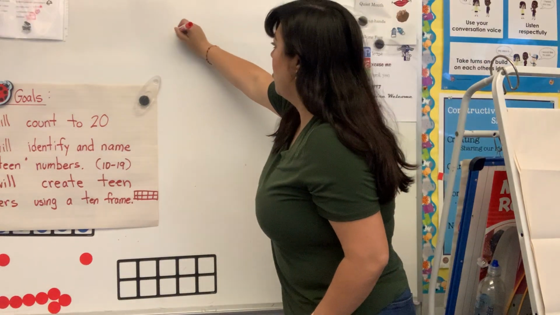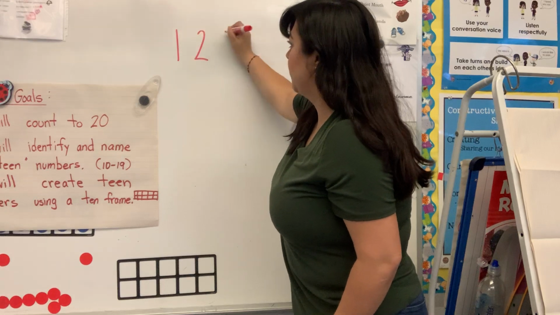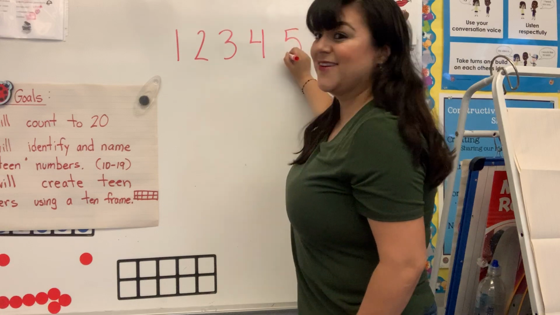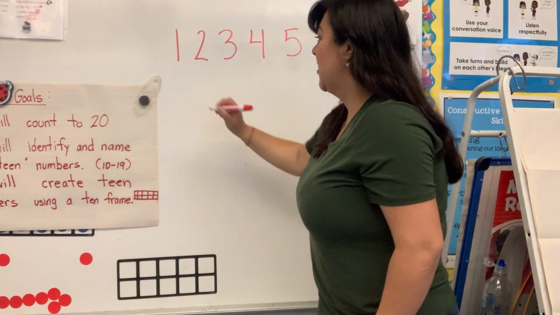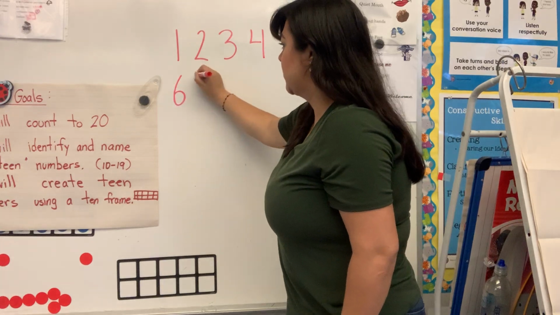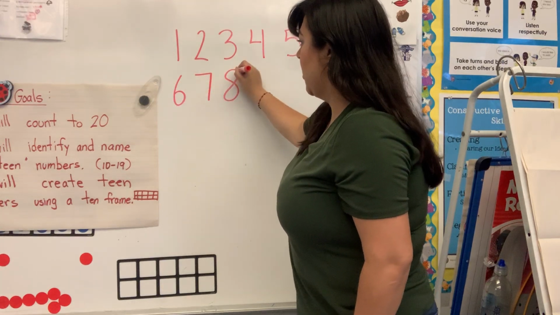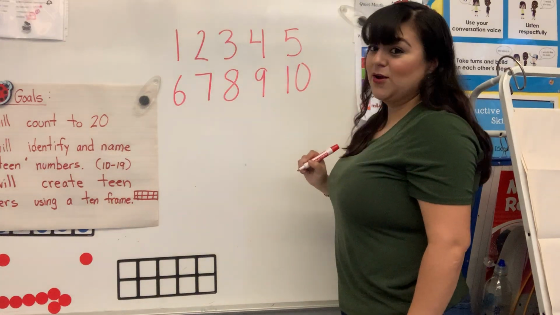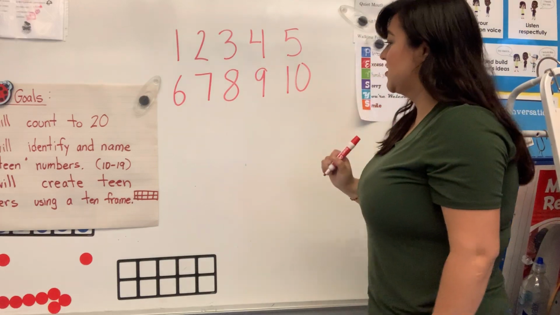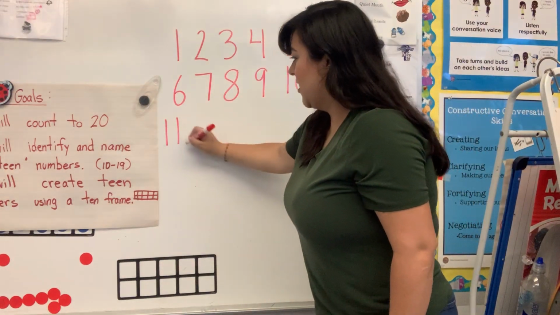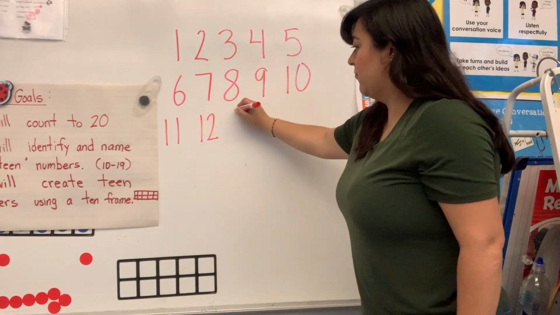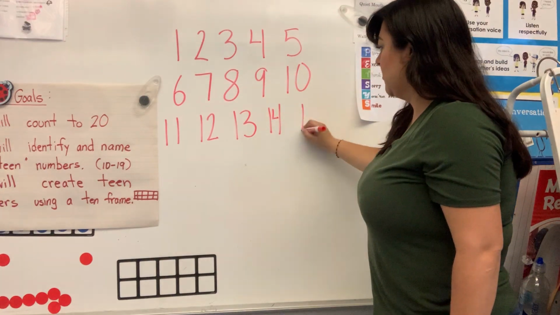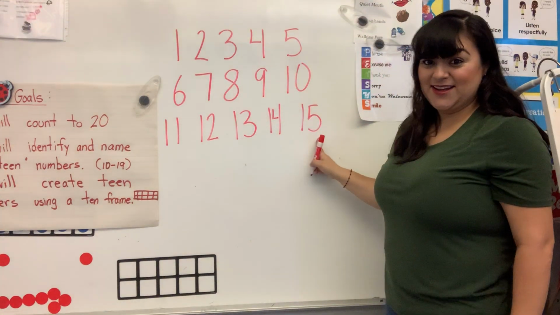Here we go. 1, 2, 3, 4, 5. Can you see that? Great. Let's keep going. 6, 7, 8, 9, 10. Okay, here come our teen numbers. 11, 12, 13, 14, 15.